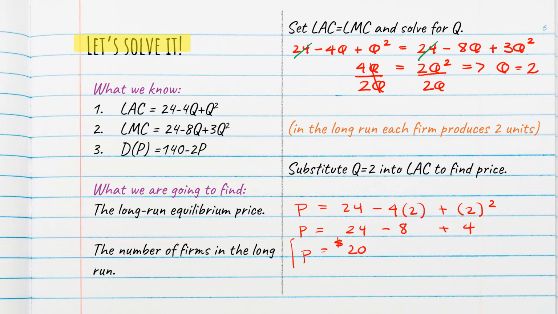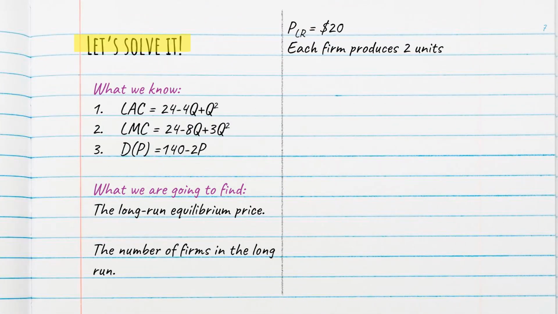So this is our long run equilibrium price, and we know that at this long run equilibrium price, each firm produces 2 units. Now that we have our long run equilibrium price, we can find the number of firms that the market will have in the long run. The first thing that we have to do is figure out how many units are demanded when the price is 20.